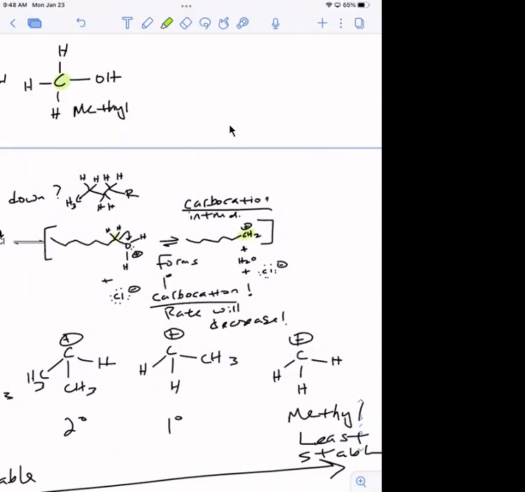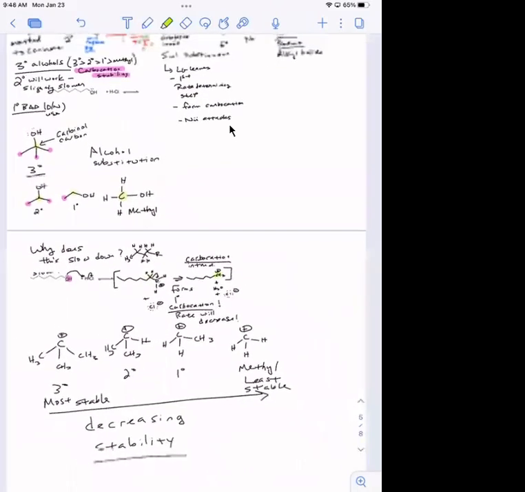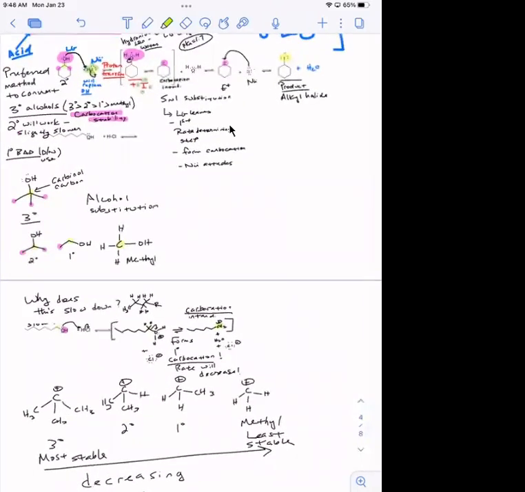Basically, it's one of the suckiest carbocations that you can make. So if it goes through a mechanism like this where you have to lose your leaving group first, the rate is going to be trash, right? It's going to be very slow. So that's why this method is preferably used on tertiary alcohols, because when you lose that leaving group, the tertiary carbocation is more stable. All right, we're going to stop here.